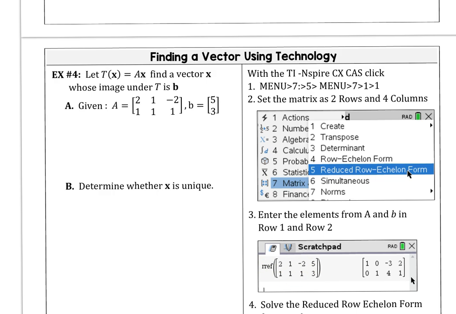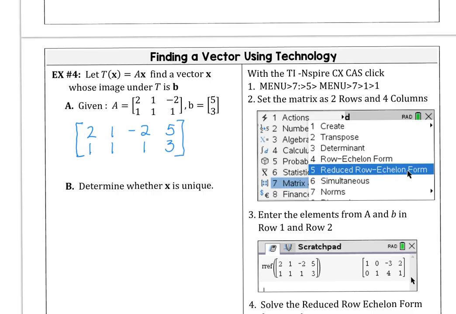I want to do reduced row echelon form so that we end up with the identity matrix on the left and our solution matrix on the right. So we're going to write into our calculator 2, 1, negative 2, 5. So we want 2 rows, 4 columns, and then second row 1, 1, 1, 3.